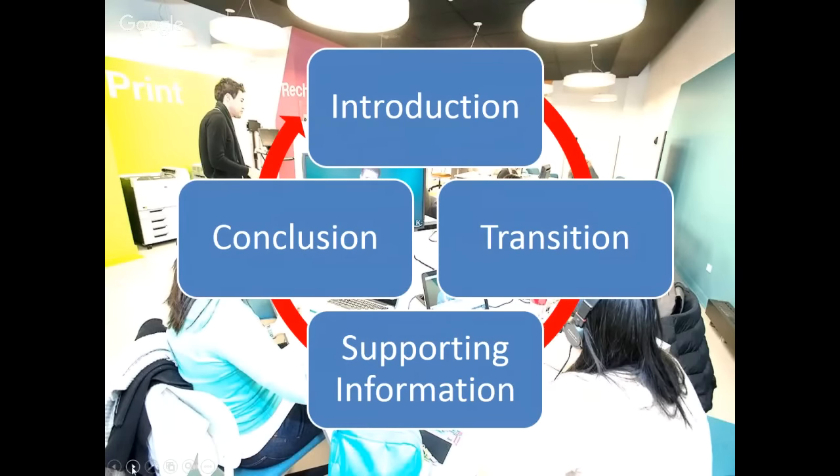It transitions into supporting information for that introduction, and the conclusion re-summarizes the introduction. That's the very basics of a good essay. When you practice writing essays, practice following these steps.